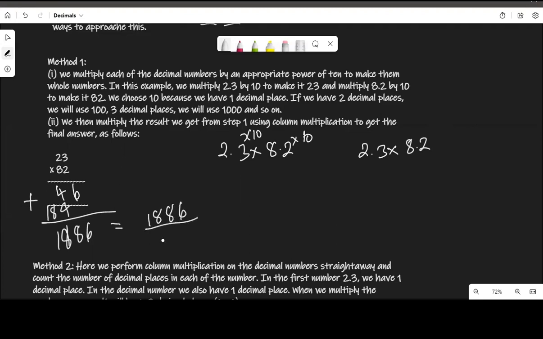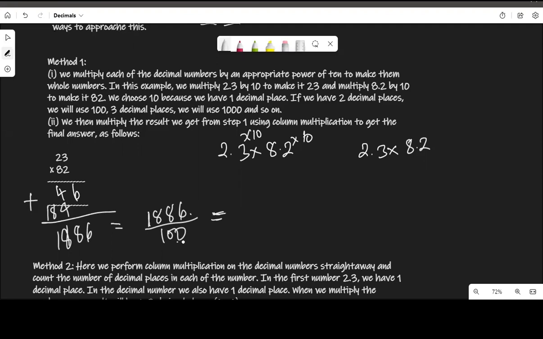So our final answer here will be 1886 divided by 100. And it is very easy to divide by a power of 10. You shift your decimal point according to the number of 0s. What do I mean? As this number is right now, the decimal point is here at the end, after the last number. So we are dividing by 100. That means we are going to shift the decimal point two places.